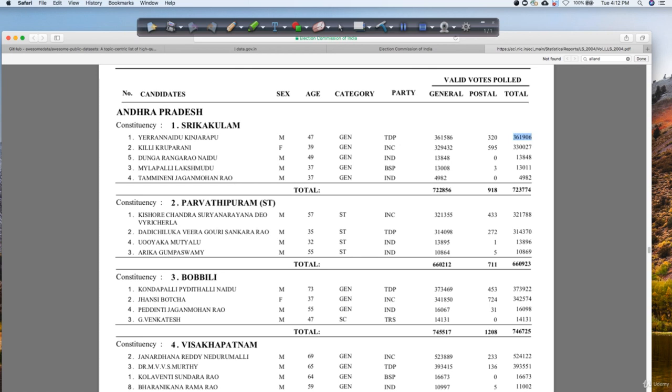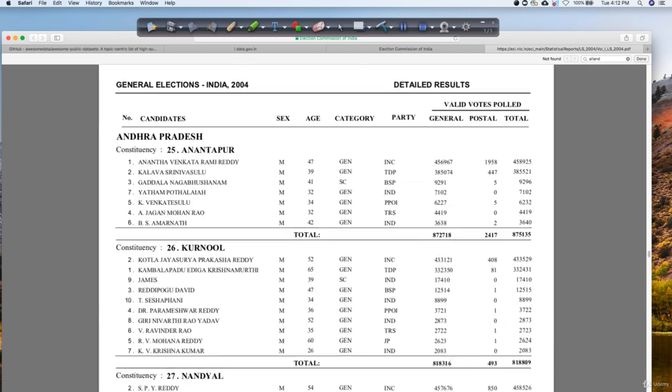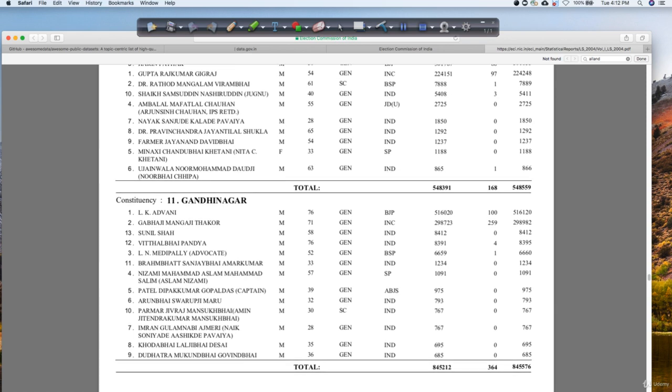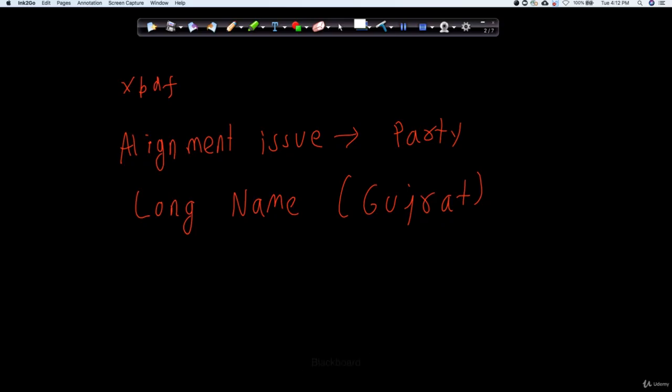Now, the first challenge is that when you get this data, you have to bring it to an appropriate format where you can do analysis. Because this is full of PDF data, and in PDF you cannot directly do any sort of analysis. To solve this, there is a software called XPDF which you can use.